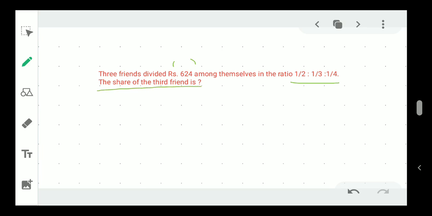The share of the third friend is, so in that case you can see that total money is 1. Now if you just add these numbers, that is 1 by 2, that means the half portion, plus 1 by 3, one third portion that is taken by the second friend, and the last one that is 1/4.